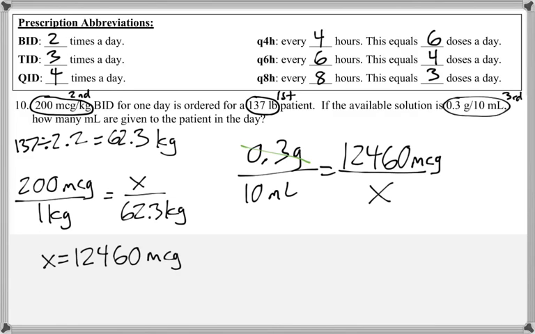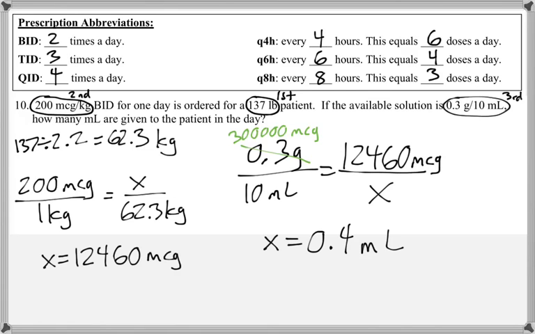So 0.3 grams is going to be 300,000 mcg. And that gives me 0.4 mLs.